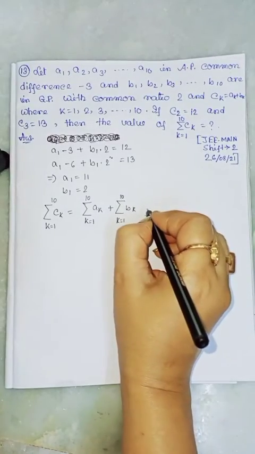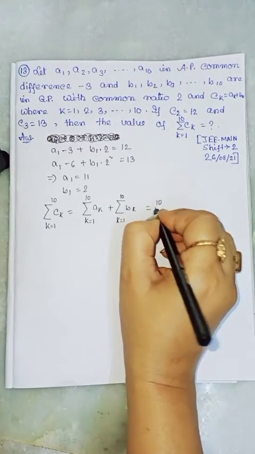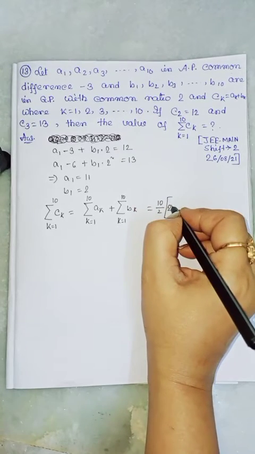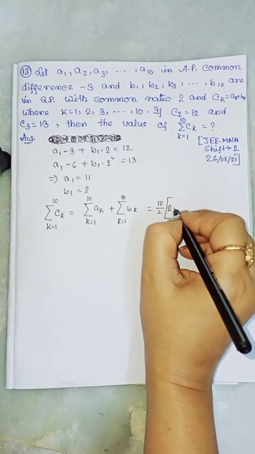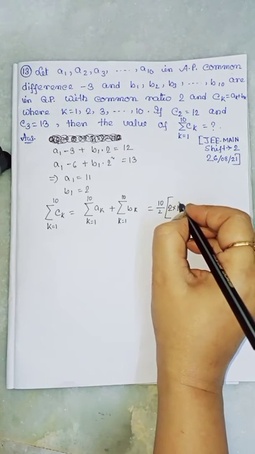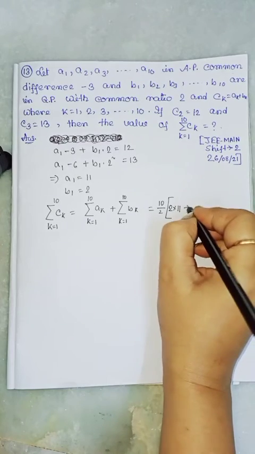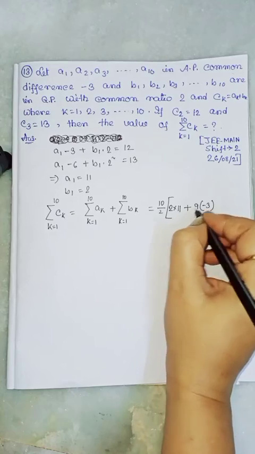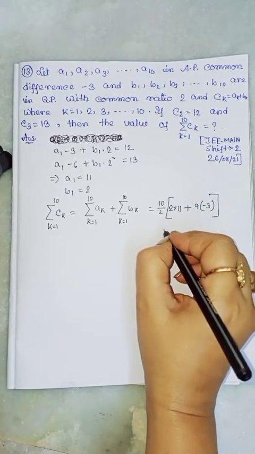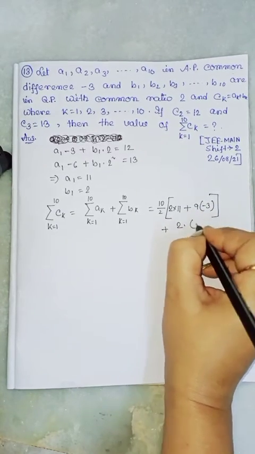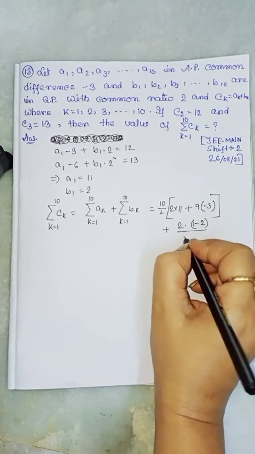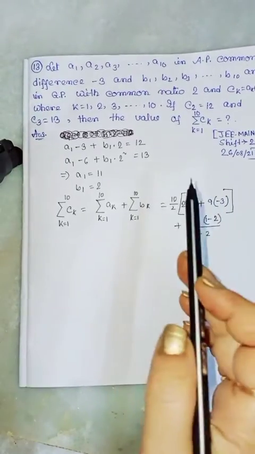So that is equal to 10 by 2 into 2 into 11 plus 9 into minus 3, the common difference, and another one is plus 2 into 2 to the power 10 minus 1, divided by 2 minus 1. This is from the form in GP.